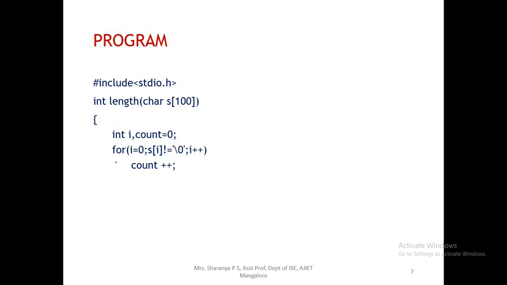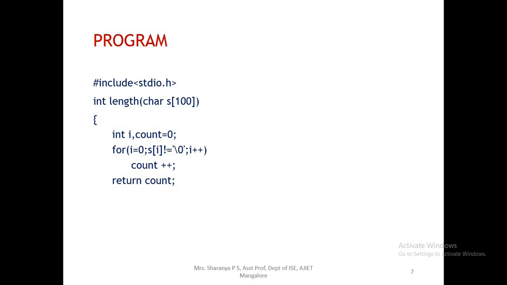That is, it needs to come inside this for loop and increment the count value each time, and then the i value gets incremented, and then once again it checks the condition. If the condition is true, then once again the count value gets incremented. This is the process it keeps iterating till it reaches the termination, that is nothing but the null character in the string.